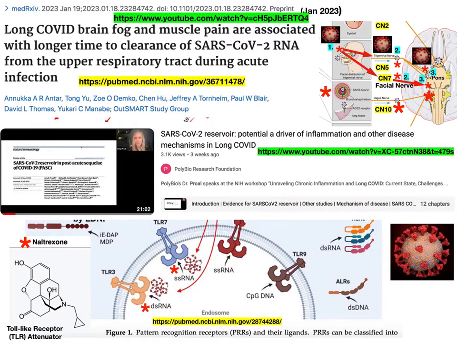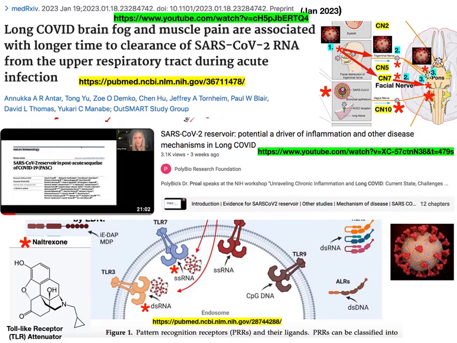Above that is a paper, a preprint as of January 2023: Long COVID brain fog and muscle pain are associated with longer time to clearance of SARS-CoV-2 RNA from the upper respiratory tract during acute infection. One of the key set of detectors of SARS-CoV-2 RNA are toll-like receptors.